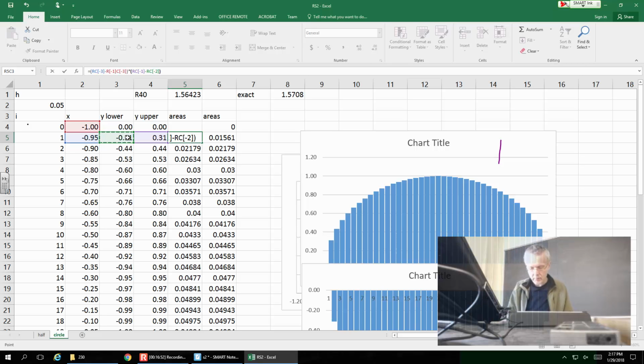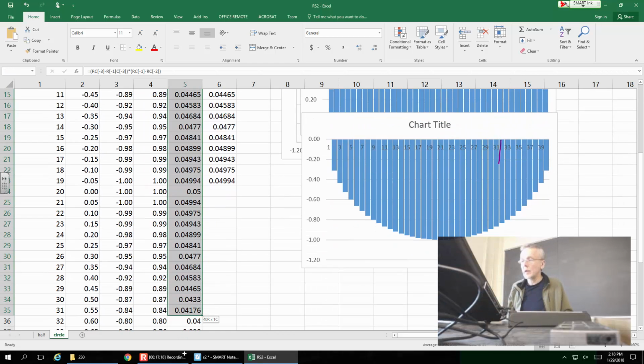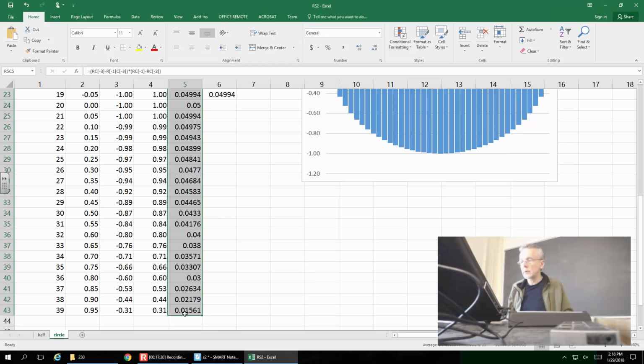Once again, I multiply the width, which is the first parenthesis, times the height, which is the second parenthesis. As you can see, indeed it got multiplied by 2. See, 1.561, 0.303122. So it's multiplied by 2, but it is a coincidence more than anything. Okay, let's spread it down.